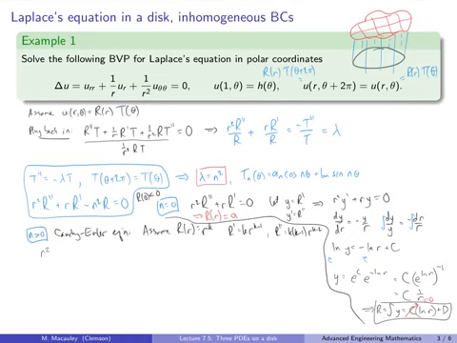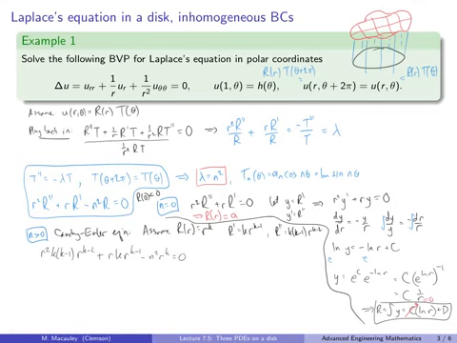We get r squared times k times k minus 1 times r to the k minus 2. The first term. Then we have an r times a k times an r to the k minus 1. This is equal to r prime. And then we have a minus n squared r to the k, and this is equal to 0.